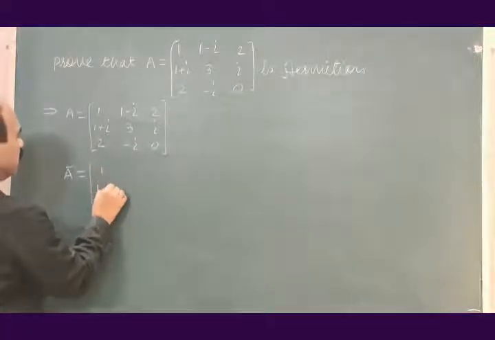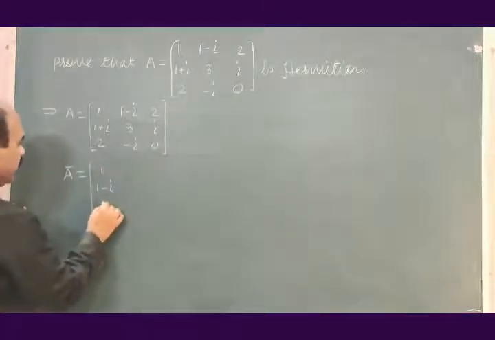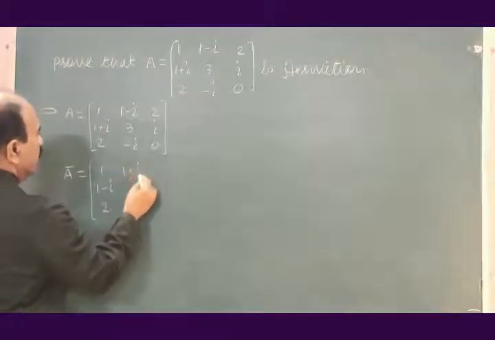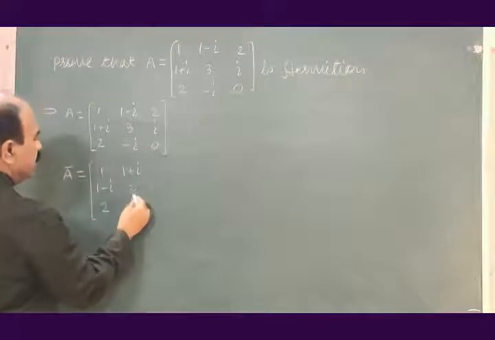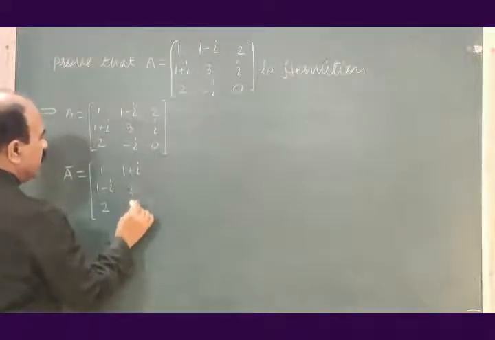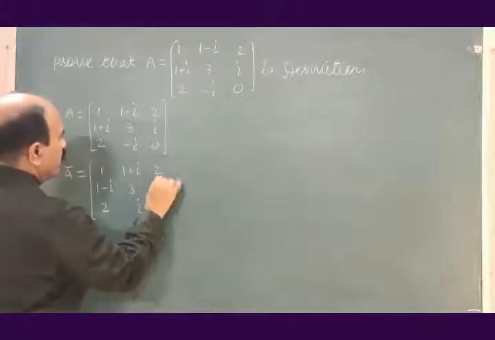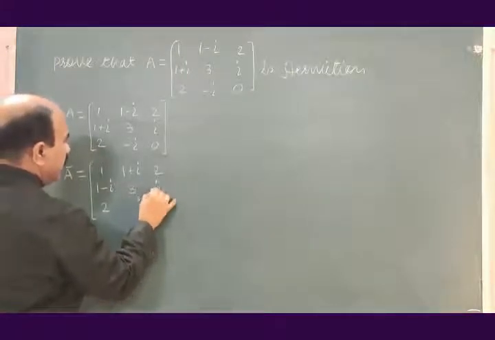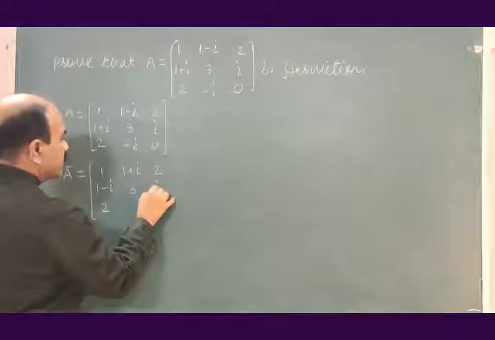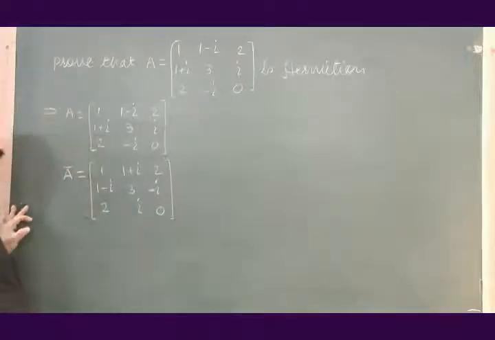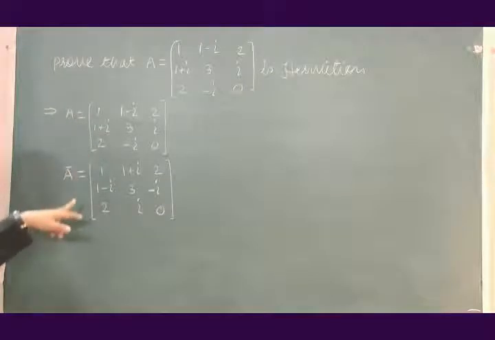And that is [1, 1 minus i, 2; 1 plus i, 3, plus i; 2, i, 2 minus i, 0]. This is the given matrix A. It is the conjugate of this matrix.